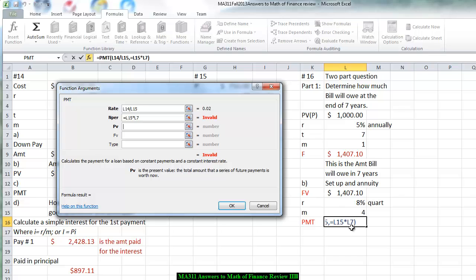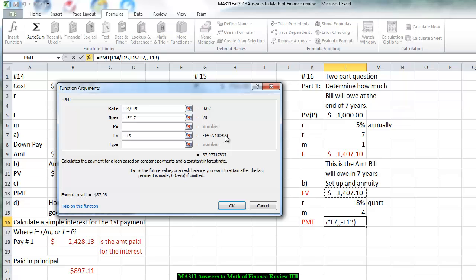Let's try that again. So again, let's go back. Let's try it. The N per is going to be the 4 times the 7. That's the 28 payments. And the future value, because that's what we want, again, negative, is the $1,407.